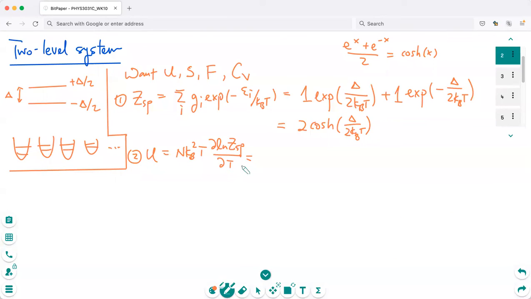You can write the next line here. So I will have to do it very carefully. So this is nkbT. Then I have this log of z. So I will have log 2 plus log of cosh.